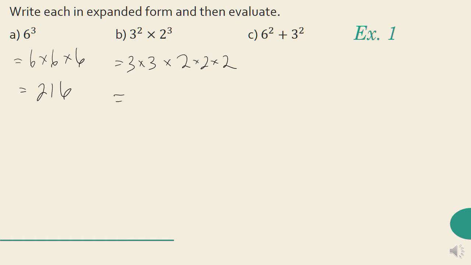If you enter that in your calculator, you should get 72. And then 6 squared is 6 times 6 plus 3 squared, 3 times 3. You can enter that in your calculator, 45. Again, very quick, kind of just warm up questions.